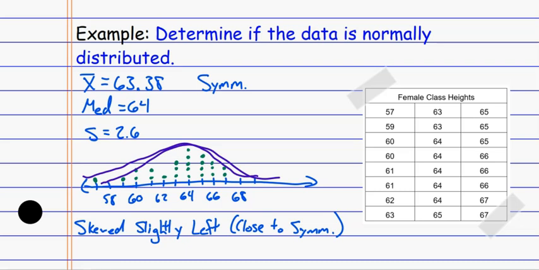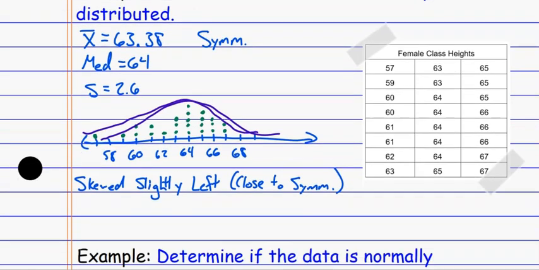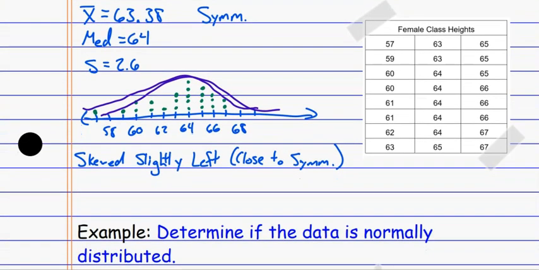If you think about this from the perspective of a normal distribution curve, let me draw a mock one down here. If this were normally distributed, I would have the 63.38 in the middle, and I would count out by standard deviations. So I'd be counting out by that 2.6.